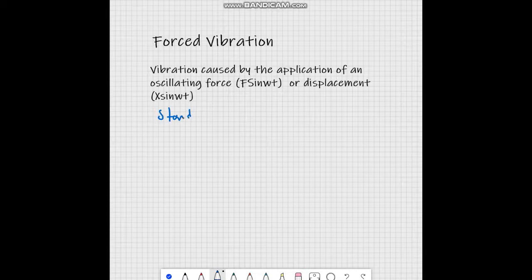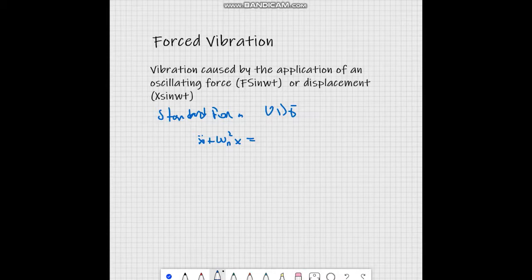The standard form of the ODE, ordinary differential equation, of this kind of motion is, as you remember, x double dot plus the natural frequency omega n squared multiplied by the displacement is equal to, if it was free vibration, 0.